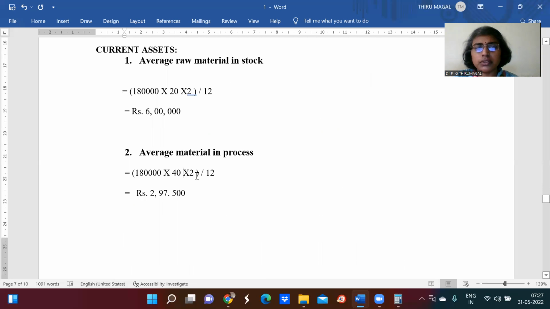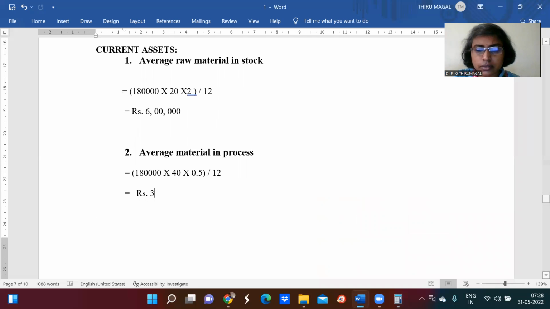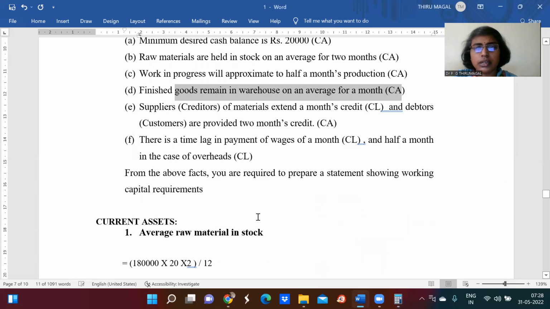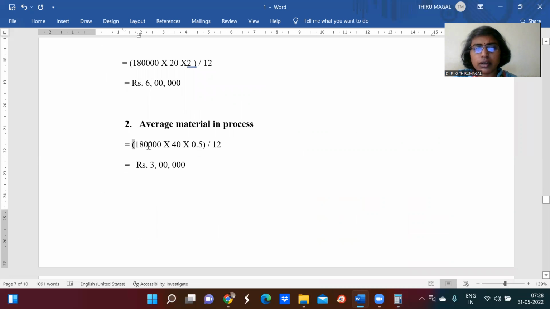Half a month. Half a month means 0.5. The whole divided by number of months in a year. So when you simplify this one, 1,80,000 multiplied with 40 multiplied with 0.5 and the whole divided by 12, you'll be getting around 3 lakhs. So that is average material in process. The next current asset given is finished goods in a stock for a month, average of 1 month. So we'll use the same template.